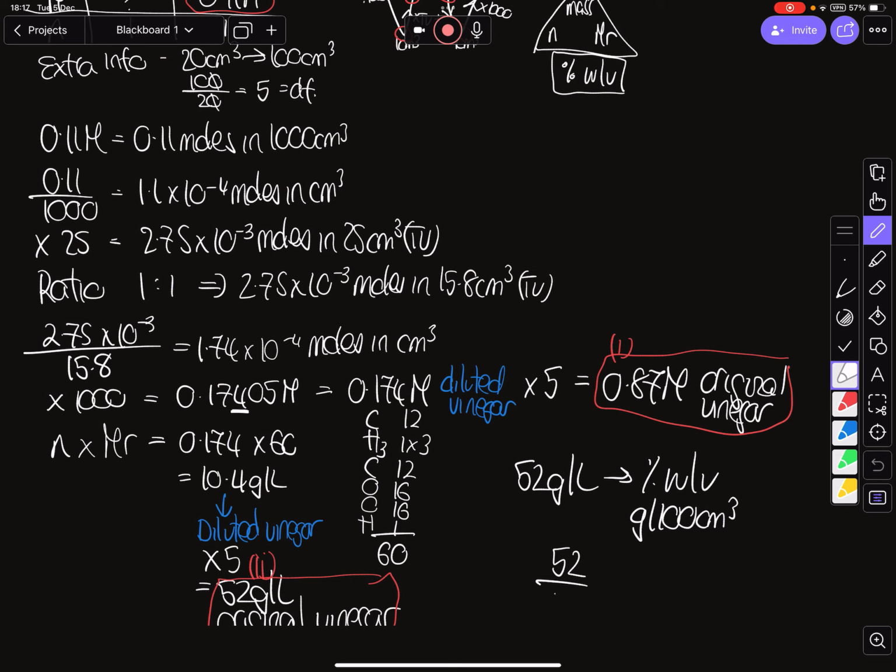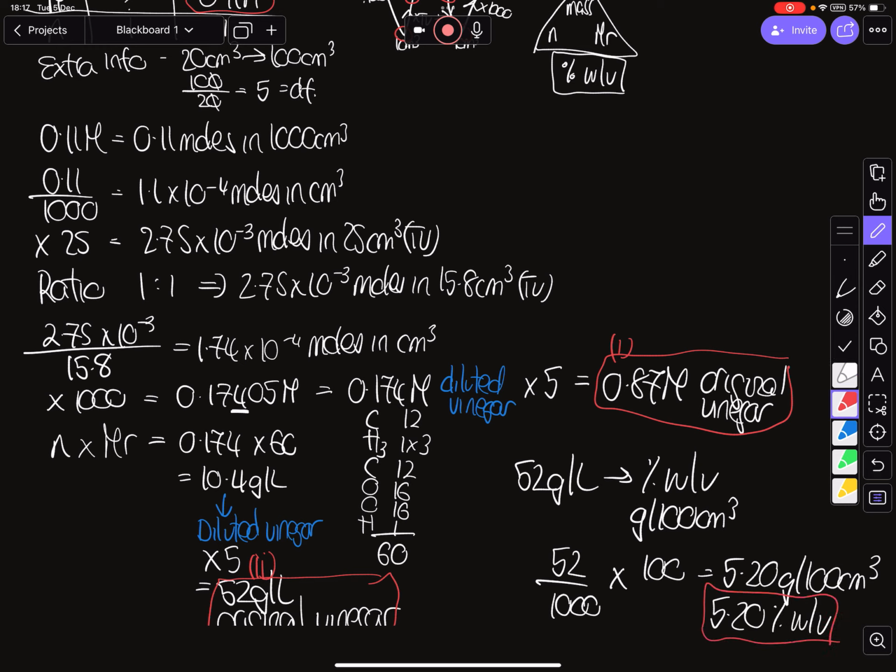So I take my 52, I divide it by 1,000 to find out what's in 1 centimetre cubed, and I multiply it by 100. And when I have done that, it's going to be 5.20 grams in 100 centimetres cubed. And I just rewrite that as 5.20% weight per volume. Box it, annotate it number 3, and I am done.